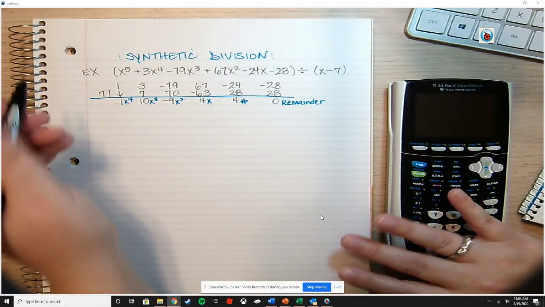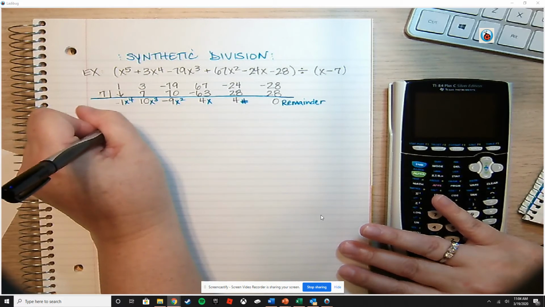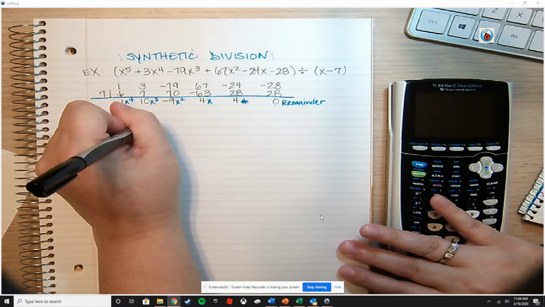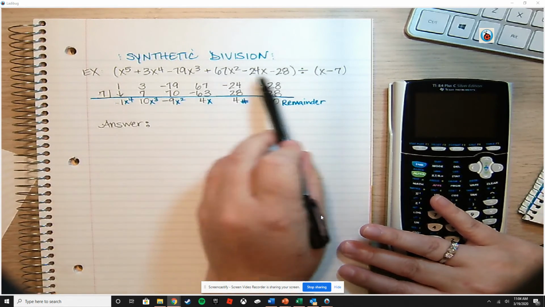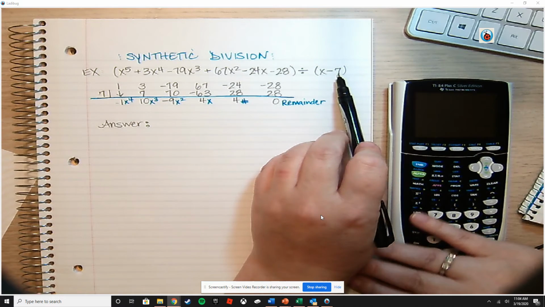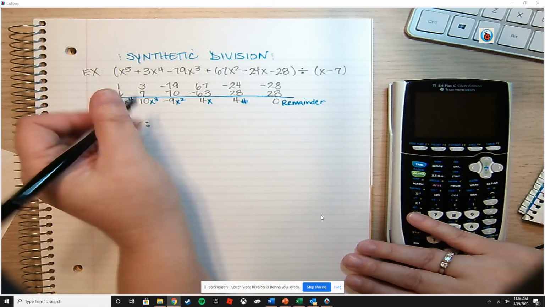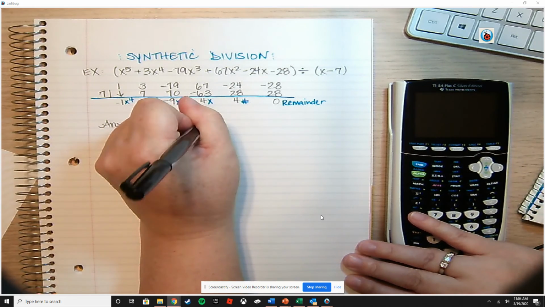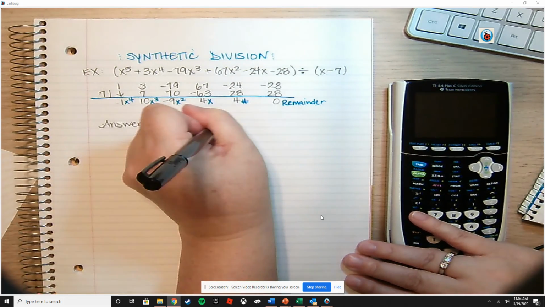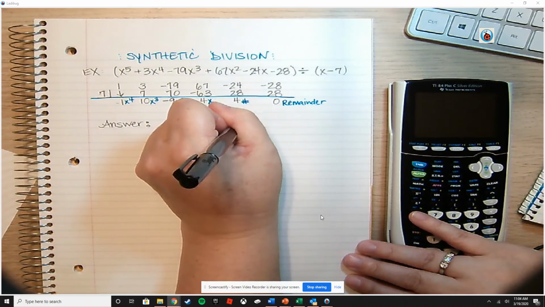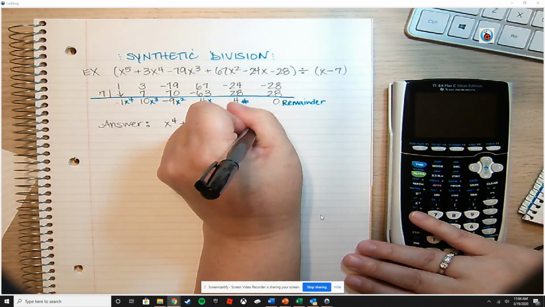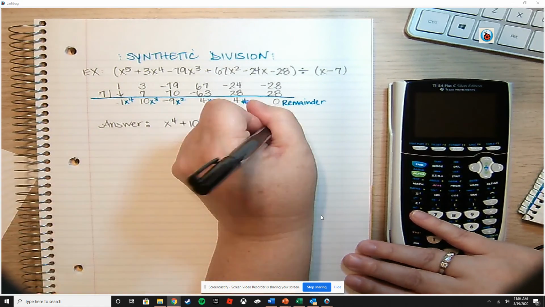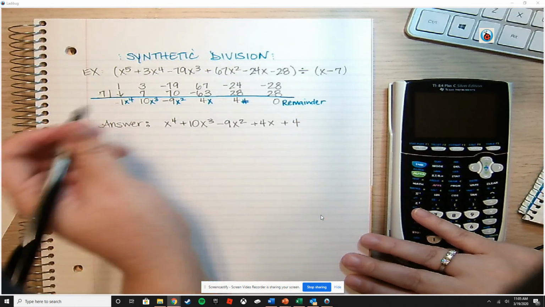So my answer, when I take this polynomial and divide by this polynomial, is x to the fourth plus 10x to the third minus 9x squared plus 4x plus 4.